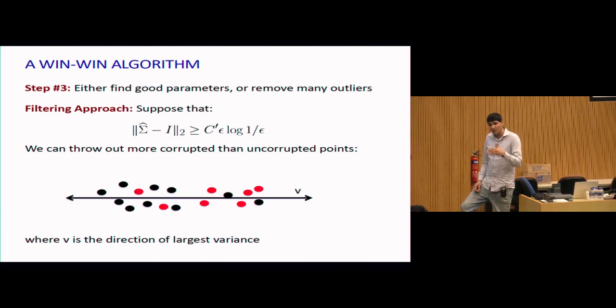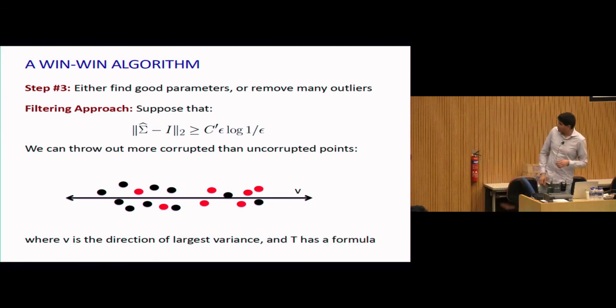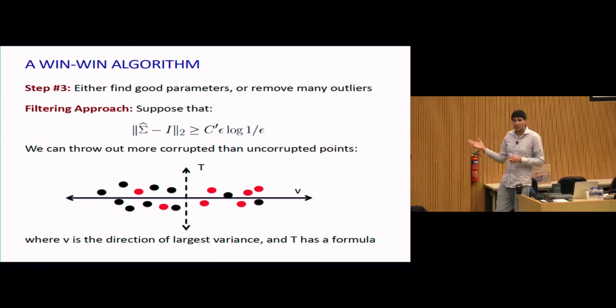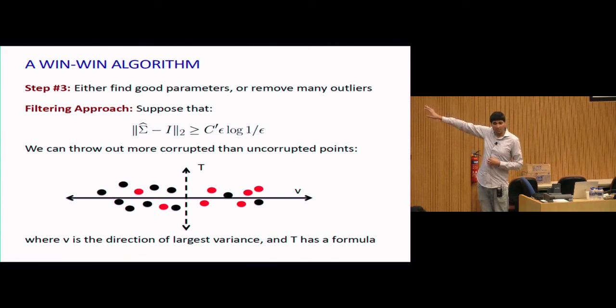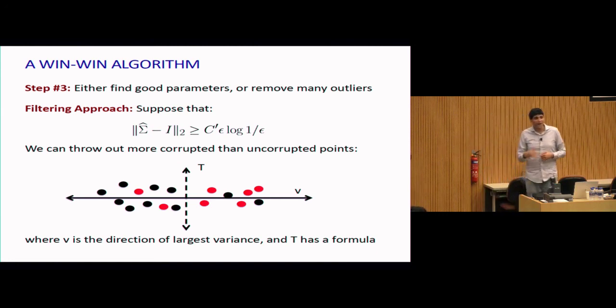What you can show is that the reason the variance is noticeably larger than 1 is because of the corrupted points. So there's a way to find some threshold t such that if you throw out the points above this threshold t, you might sacrifice some inliers, those are the black points, but for every inlier you throw out, you're going to throw out at least 2 outliers. In that way, you're actually reducing the fraction of outliers that are in your current set of samples.